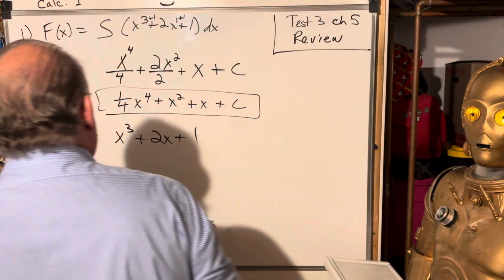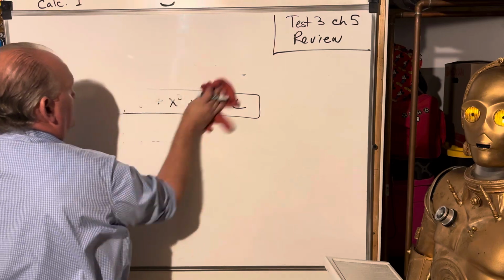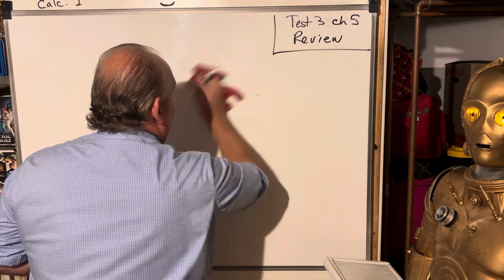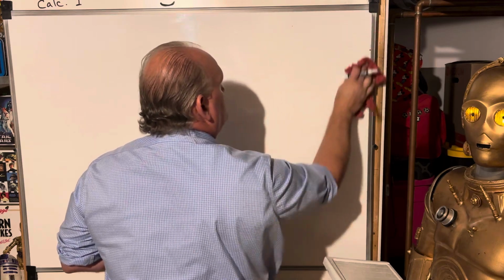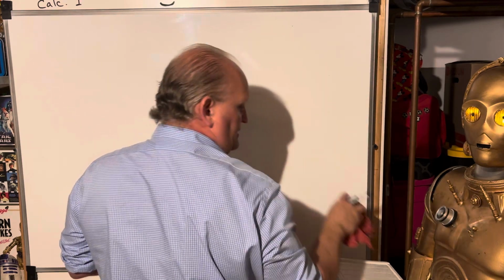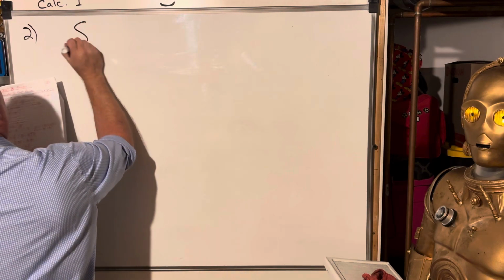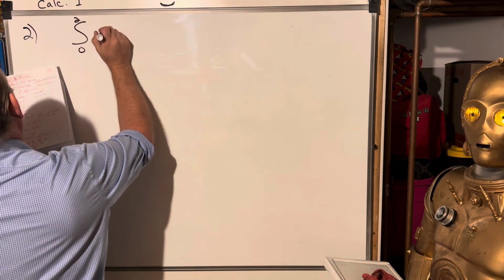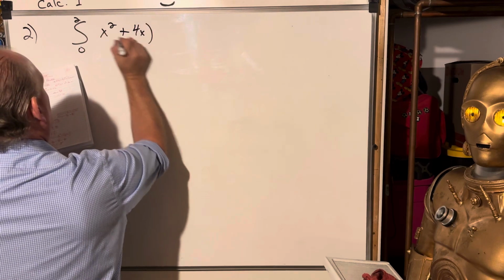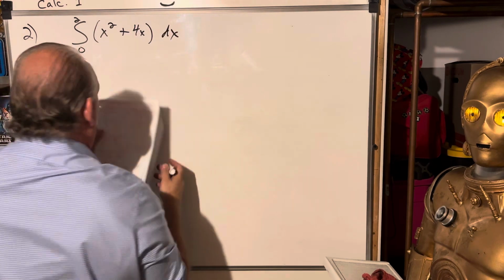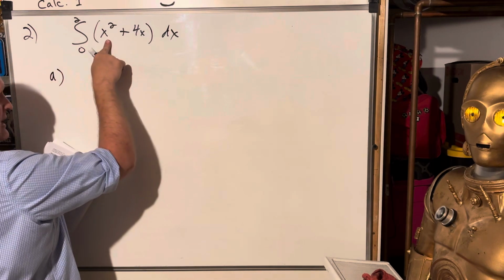First things first. Number 2, we will evaluate the definite integral. And with definite integrals, you do not need plus a constant. We are finding the area under a curve of this function on that interval from 0 to 2. So part A is do the antiderivative.